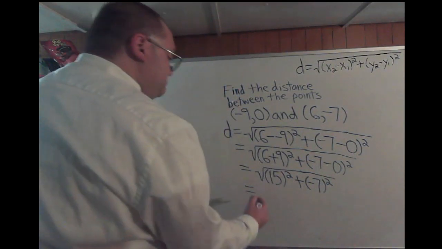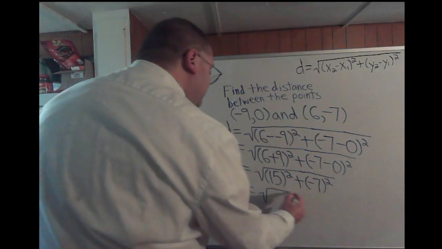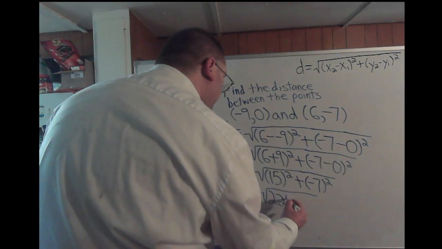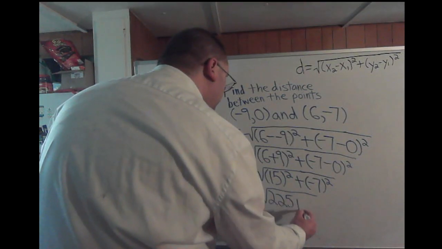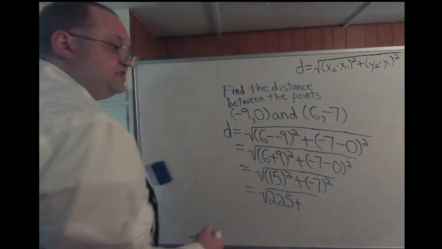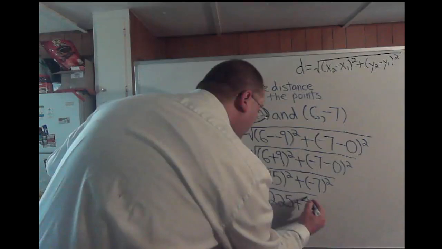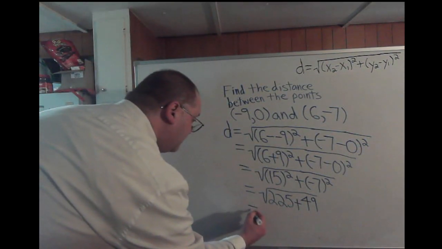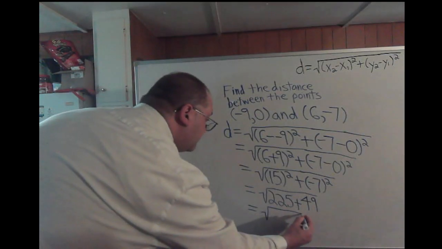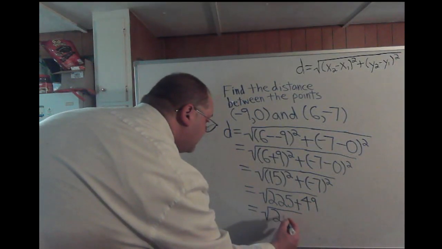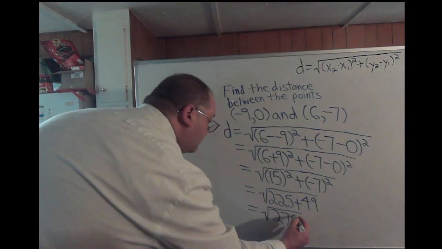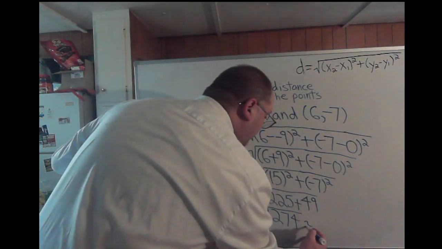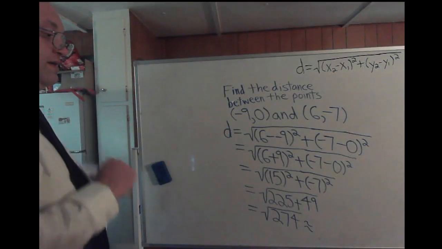Now we do the exponents. 15 to the second power, well that's 225. Plus, we have that negative 7 to the second power, that's positive 49. Which would give us the square root of 274. Which 274 is not a perfect square. So we're going to round it to the nearest hundredth again.